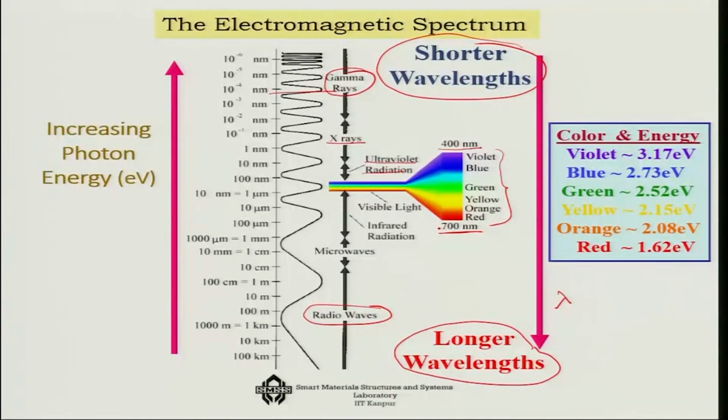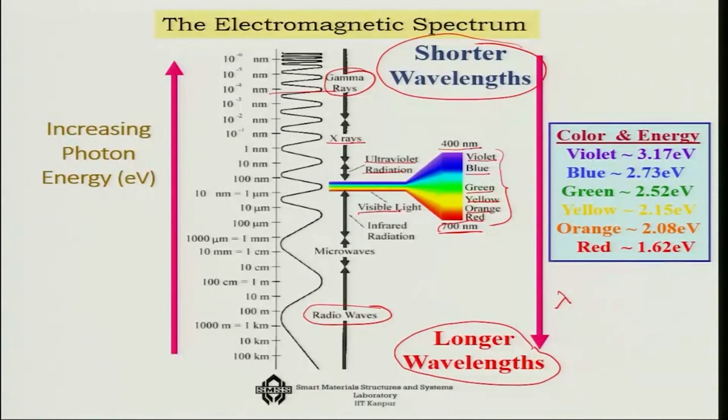So at the low wavelength and high energy end, we start with violet, then indigo, blue, green, yellow, orange, red. Red is around 700. So that is the spectrum of the optical part, which we generally call the visible light.